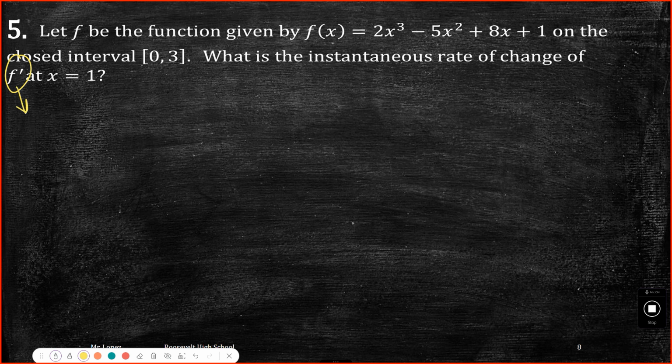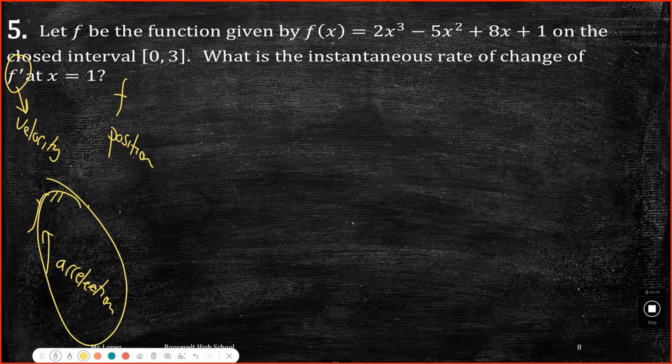Think of movement with position: didn't I say f was position? And f prime would be velocity, no? f double prime is acceleration. So this tells you something about velocity, the instantaneous rate of change of this. What is the instantaneous rate of change of velocity? It would be the acceleration.